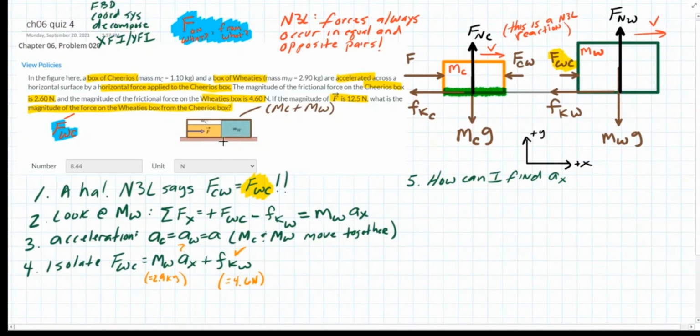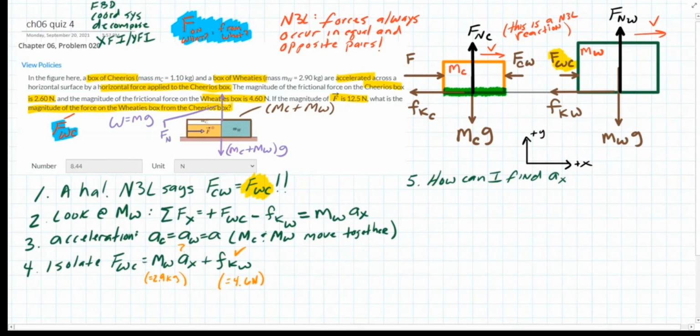I have the weight force acting down. So this would be the mass of the Cheerios plus the mass of the Wheaties times g, because weight is mg. The normal force, F sub n, is going up.